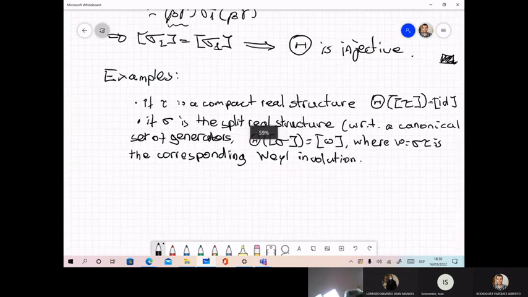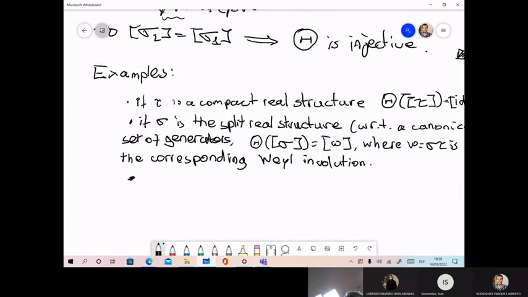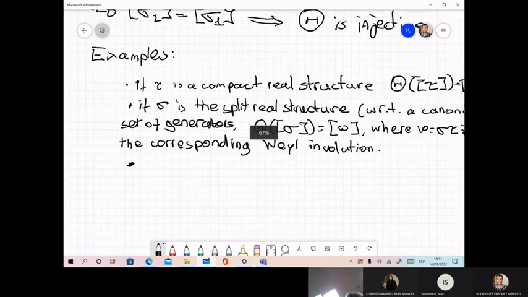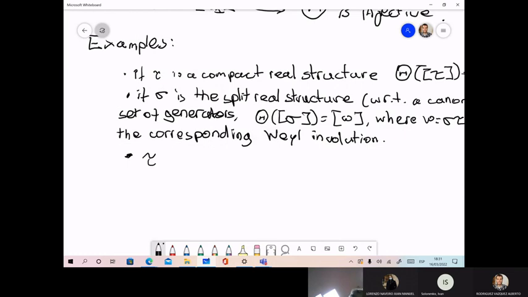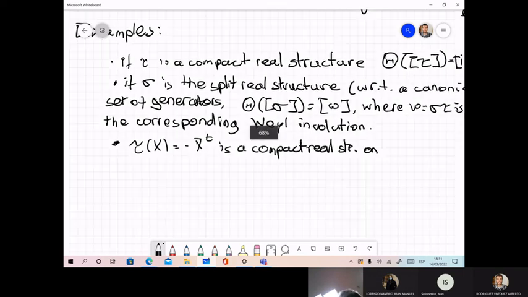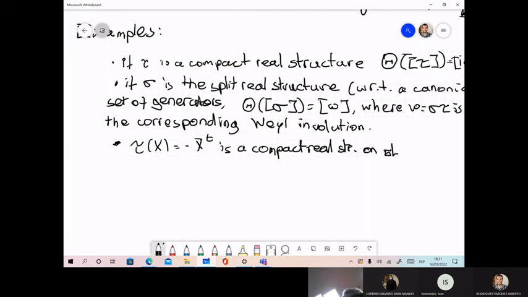And also, for example, there is this table. We knew that this is a compact real structure on SLnC, and the following real structures commute with it.